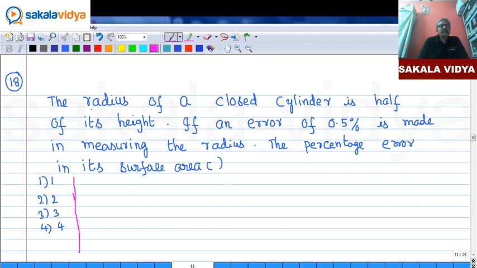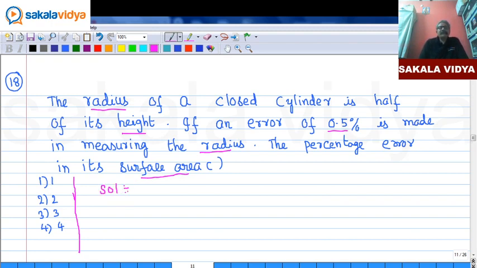Right. The radius of a closed cylinder is half of its height. If an error of 0.5% is made in measuring its radius, then the percentage error in its surface area we need to find out. This problem is related to cylinder. So, first let us write the given condition.